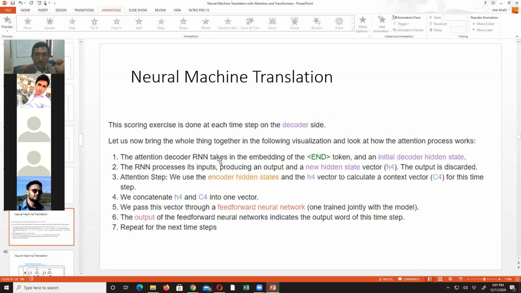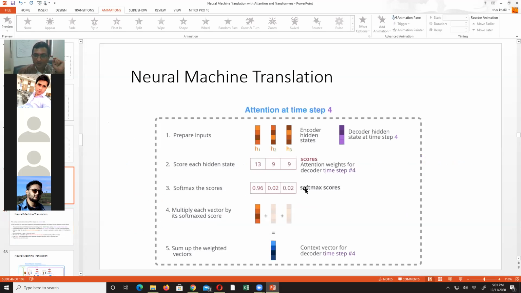The attention decoder RNN takes in the embedding of the end token and an initial decoder hidden state. The RNN processes its input, producing an output and a new hidden state H4. The output is discarded because we do not need it at this stage. For the attention step, we use the encoder hidden states and H4, which we have calculated here. How is H4 calculated? By all this calculation.